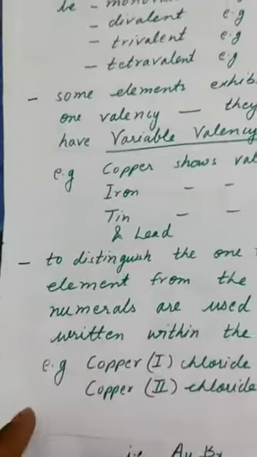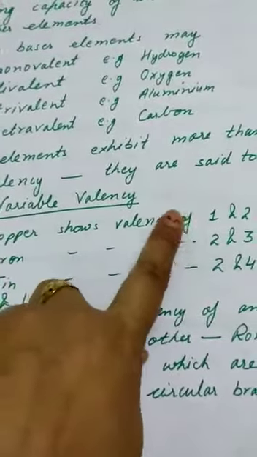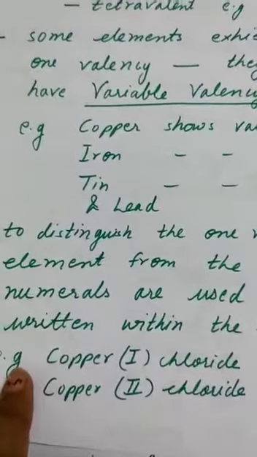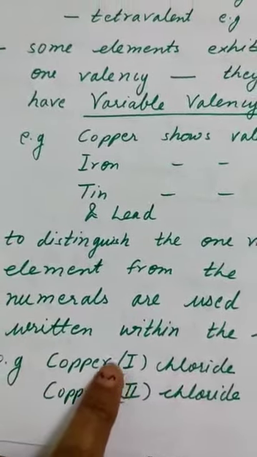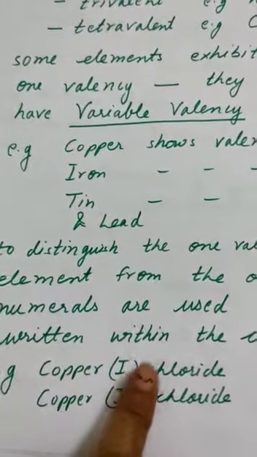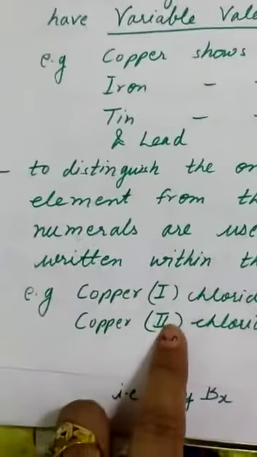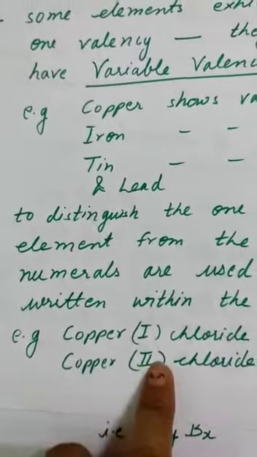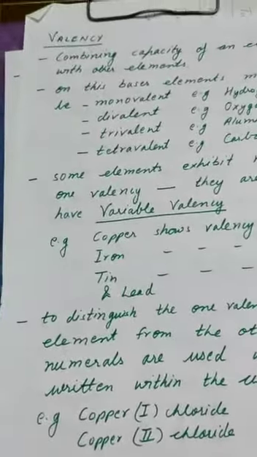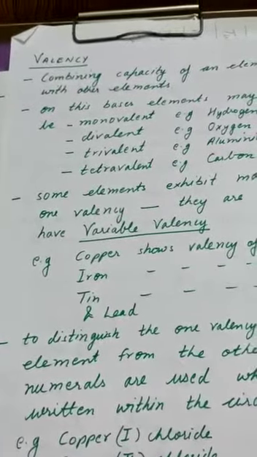For example, as I have told you, copper exhibits two valencies, that is 1 and 2. So its compound with chlorine having valency 1 will be represented as copper(I) chloride. And if copper is having valency 2, then we will call it copper(II) chloride. So students, this is the concept of valency and variable valency. Thank you very much.